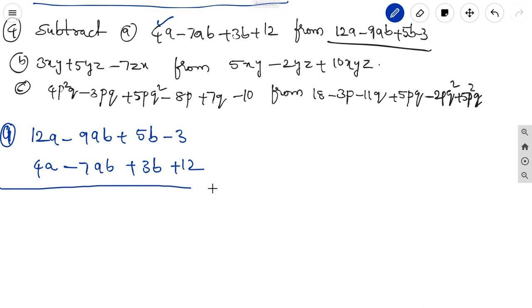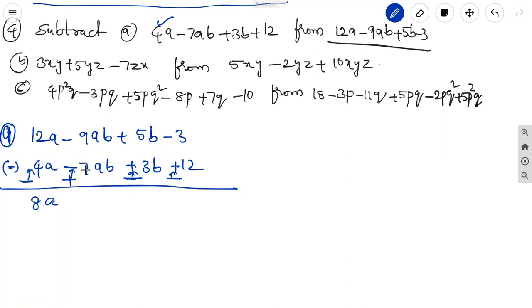When we take the subtraction, signs will change. Minus into plus, minus. Minus into minus, plus. Minus into plus, minus. Minus into plus, minus. Now you can take, these belong to the above coefficient signs. Here 12 minus 4, it's plus 8a.